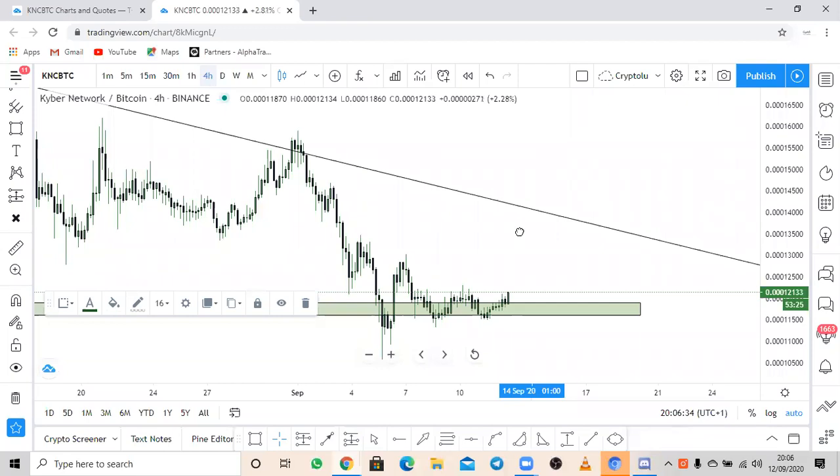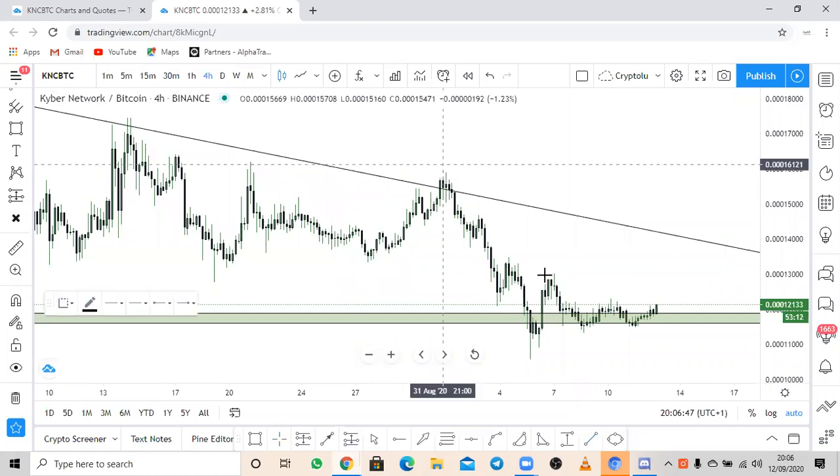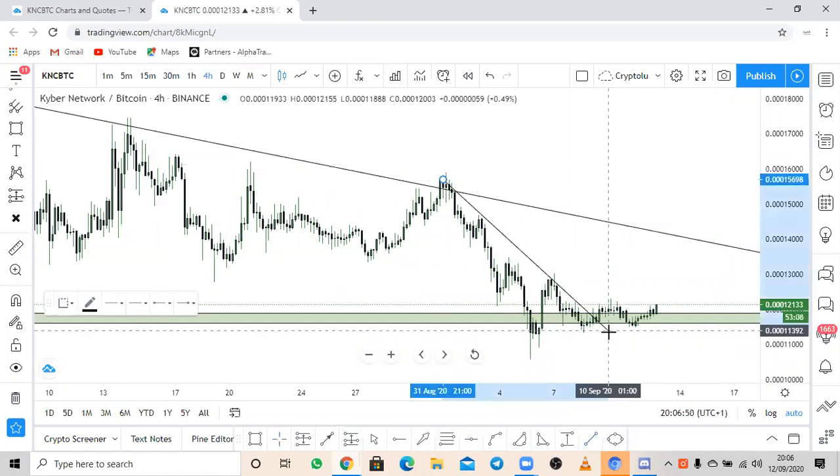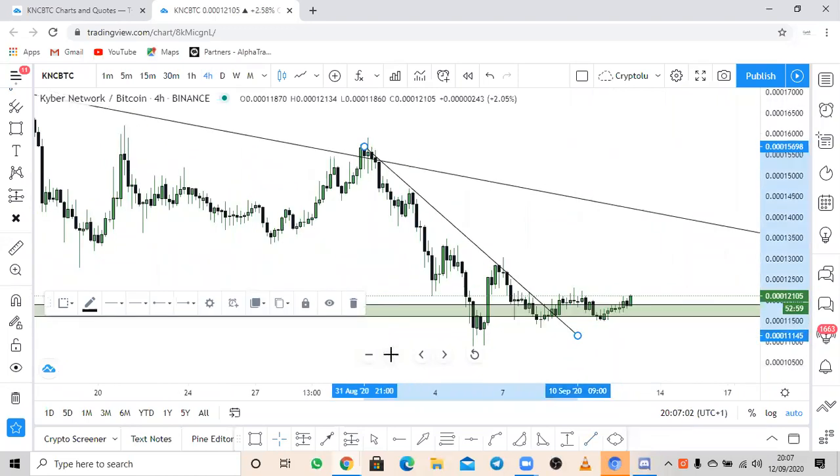If I zoom in here, connecting this top all the way down here, we see that we also have a downtrending resistance trend line on the 4 hour.